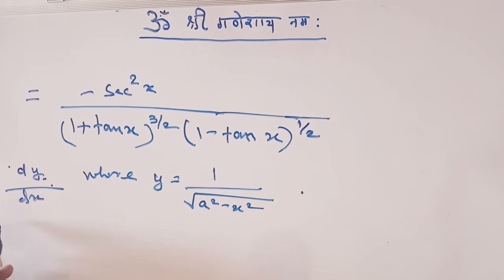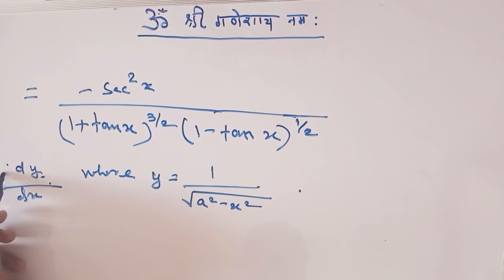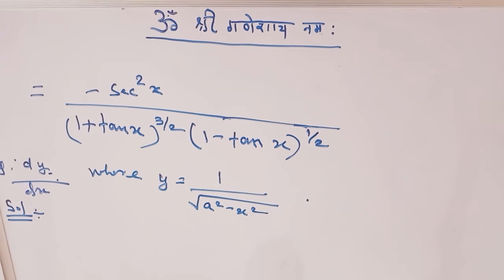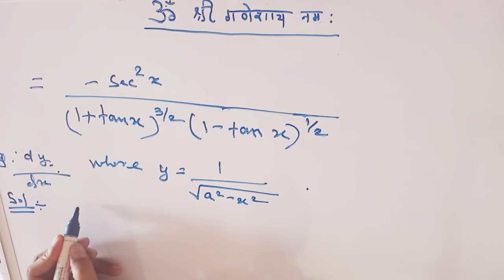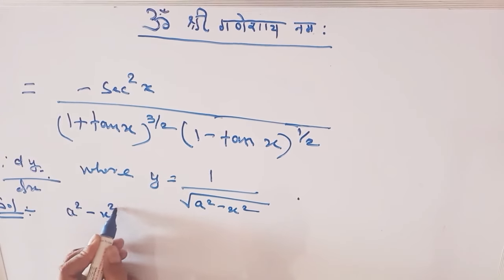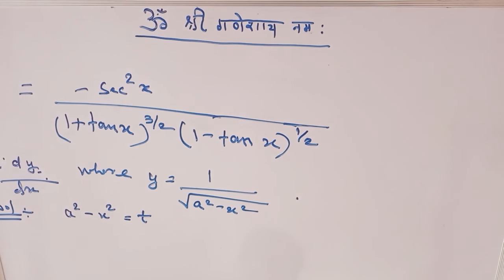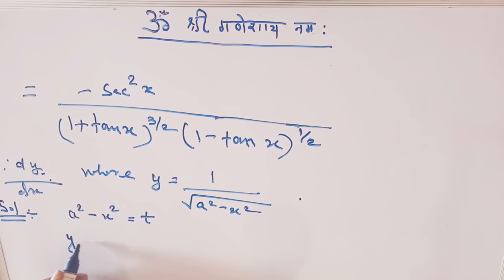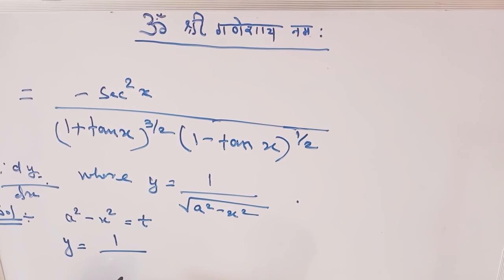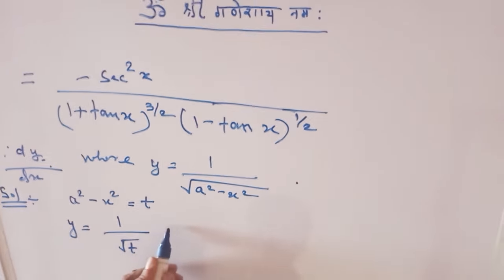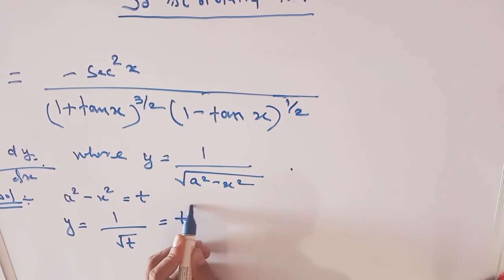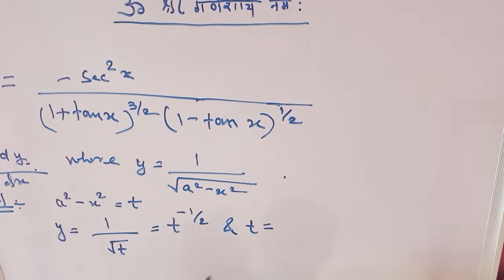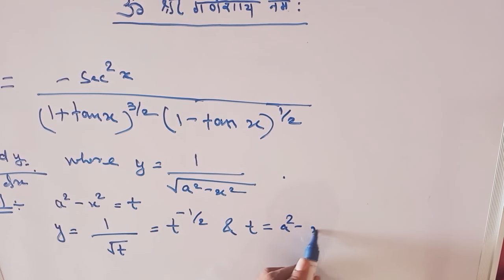Okay, so here we will assume a square minus x square is equal to t. Then y will be equal to 1 upon root t, or we can say t to the power minus 1 by 2, where t is what we assumed, a square minus x square.